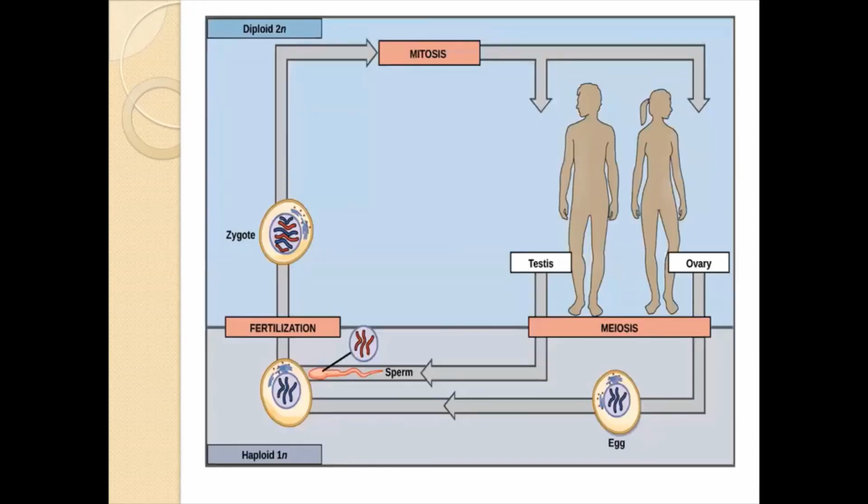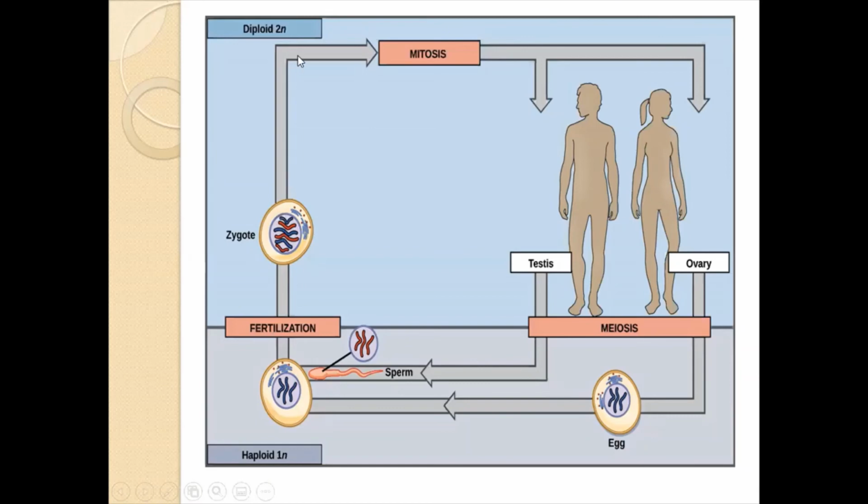So this is the overall life cycle. The male and female are diploid dominant organisms, but they have testes and ovaries where they are able to produce haploid cells, which are the gametes. These gametes are produced by the process of meiosis, and when two gametes like sperm and ovum fuse in the process of fertilization, they produce a zygote, which is a diploid cell.